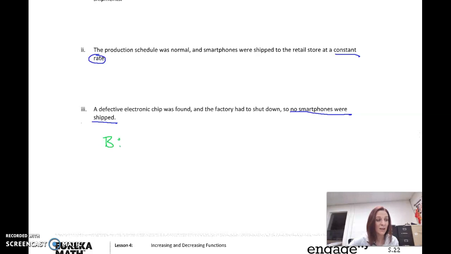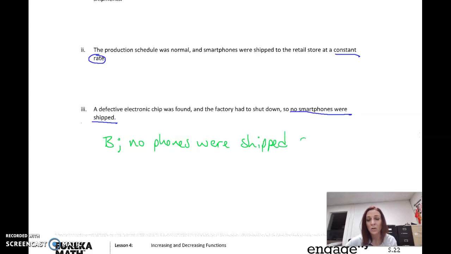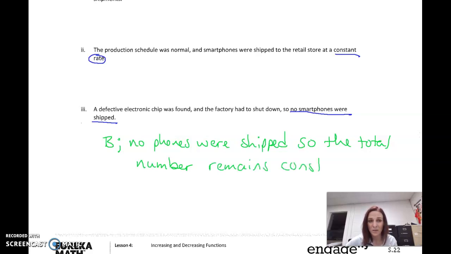This is B, and we have to explain. So we're going to say no phones were shipped. So the total number of smartphones remains constant. Doesn't change. Okay, so then we have the other two, right?